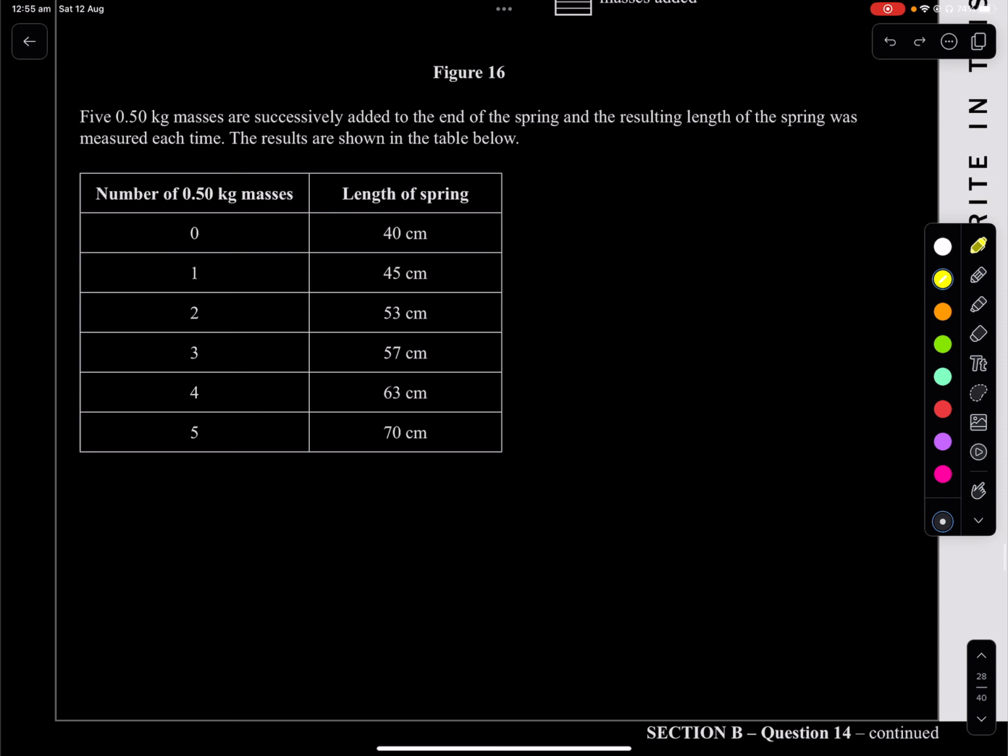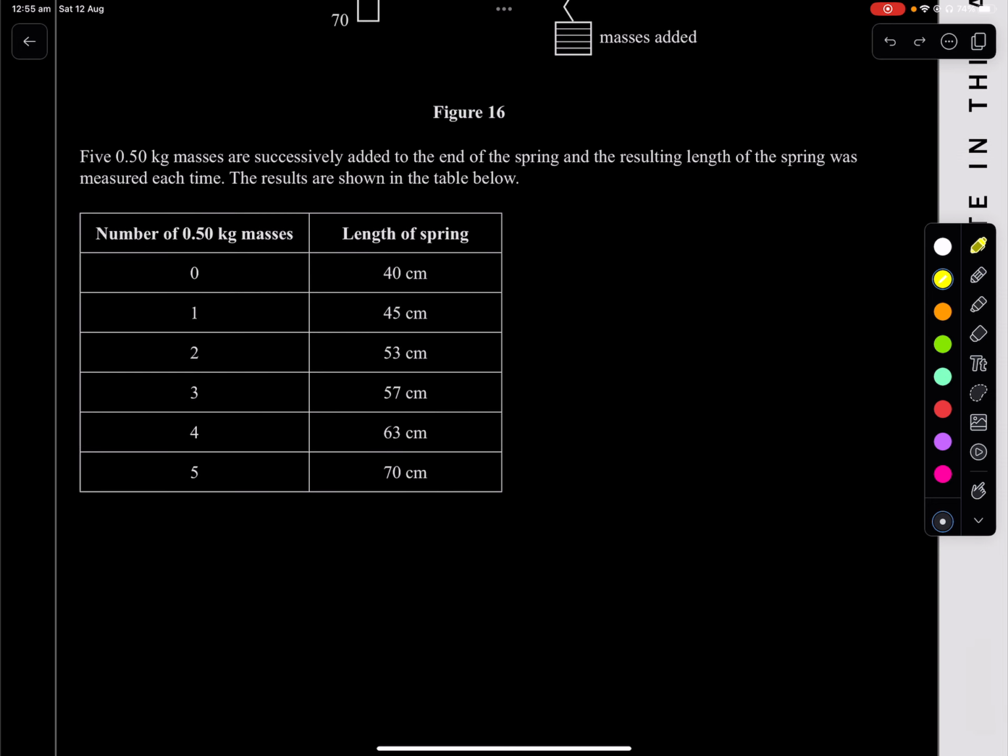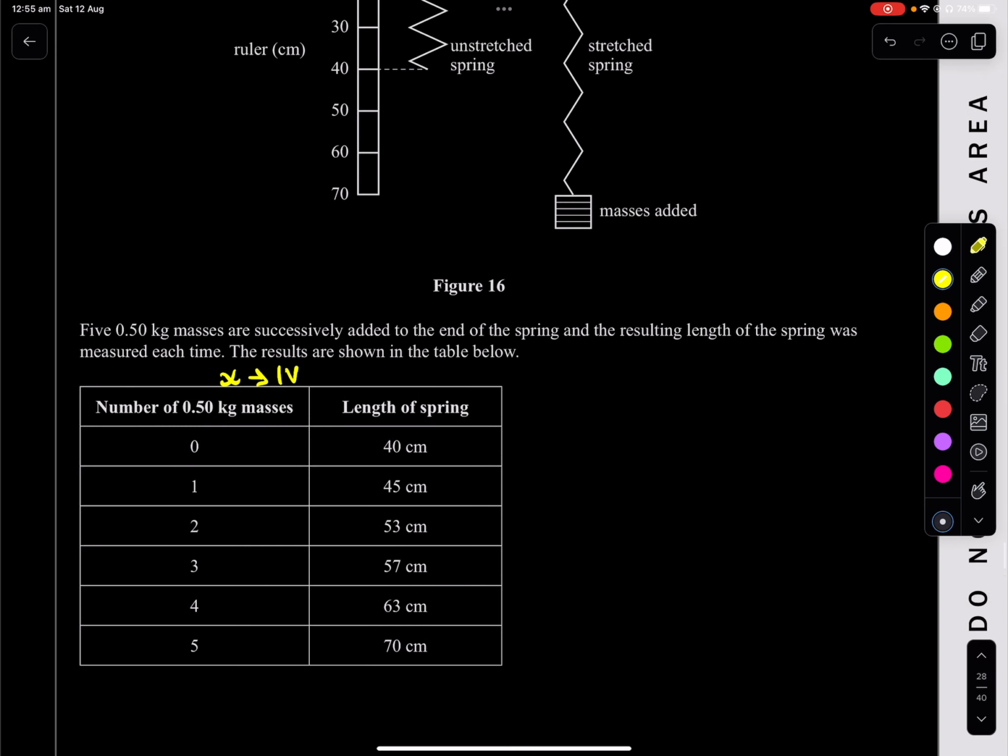Well, let's look at this. What we do is we add masses. So this is going to be your x, your independent variable. And the length of the spring is what's going to change. When you add more masses, what's going to be affected?